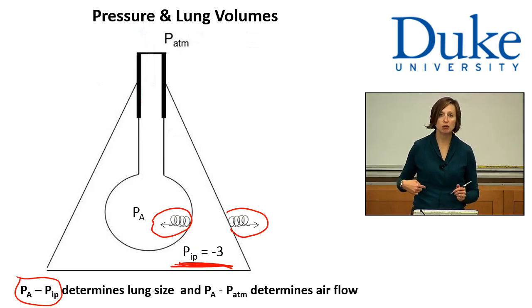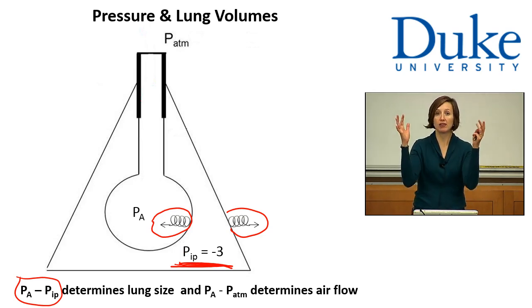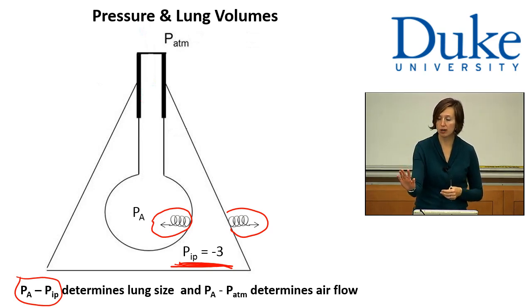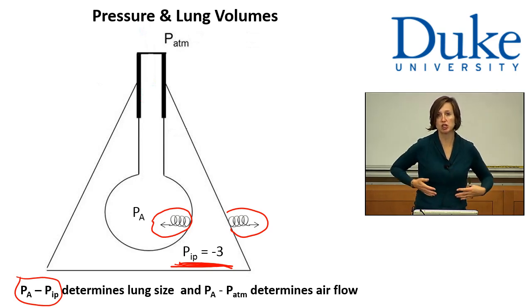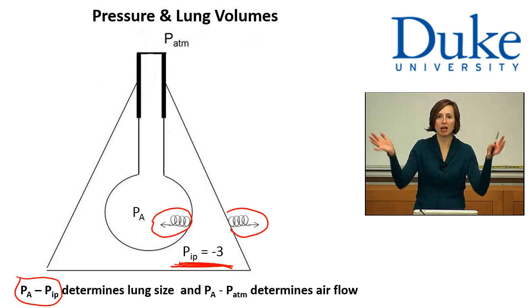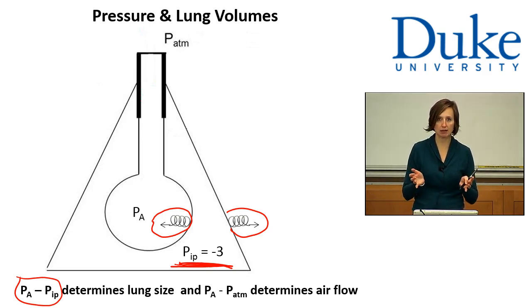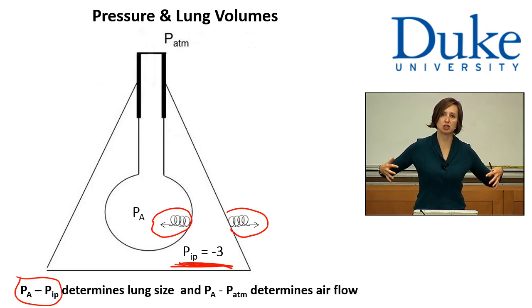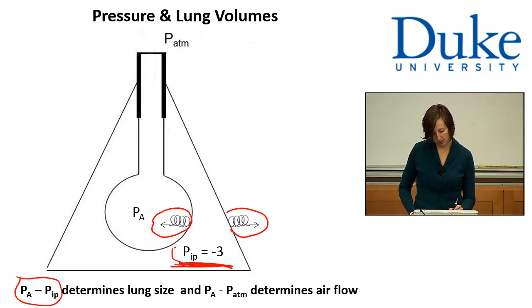And so that's called a pneumothorax. You've got air in that pleural sac, and that's what causes the lung to collapse, when the intrapleural pressure equals the alveolar pressure. And so not only will the lung collapse, but the chest wall will also expand, because you've also removed it from being held by the pleural sac. So you'll have both a lung collapse and the chest wall expand if you make this pressure equal to alveolar pressure.